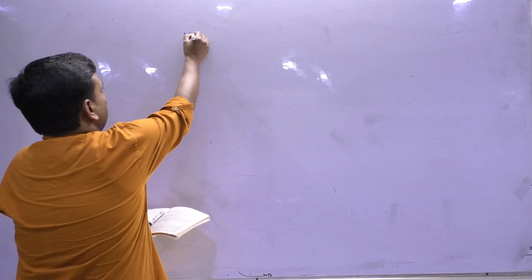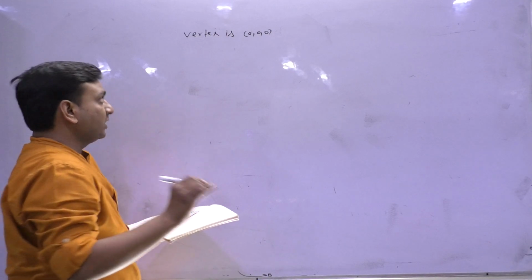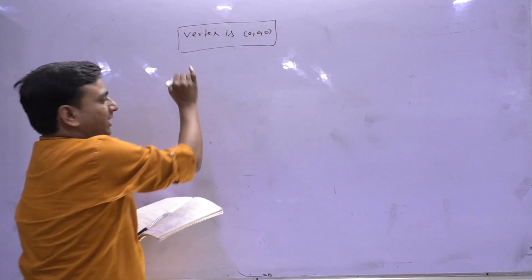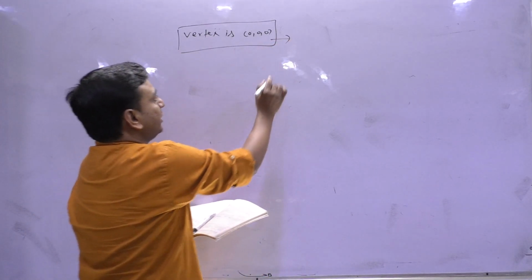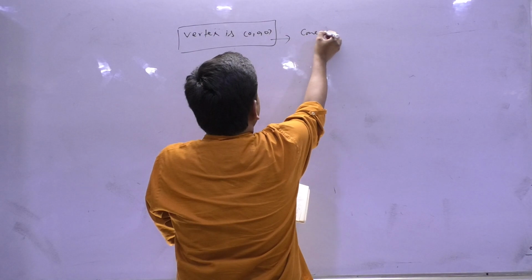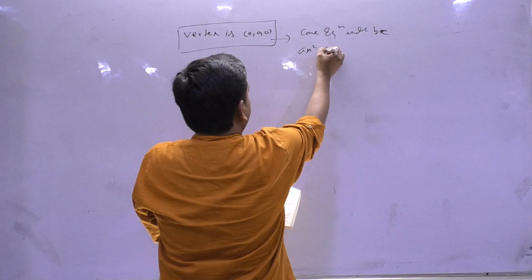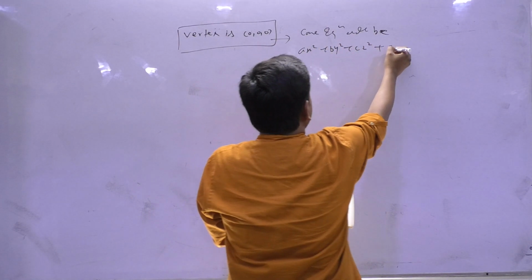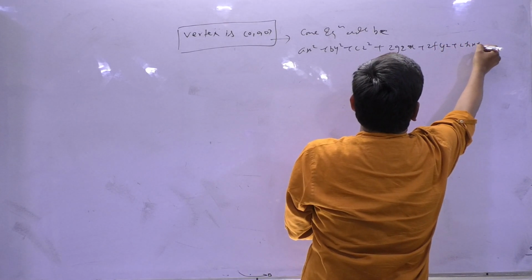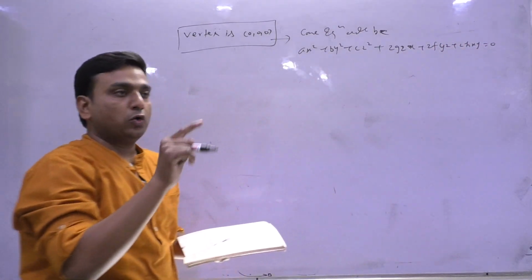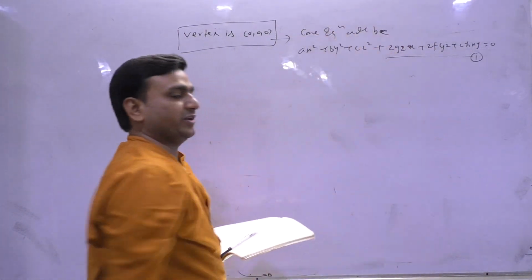As soon as the question says this, we understand that the equation of the cone will be ax square plus by square plus cz square plus 2gzx plus 2fyz plus 2hxy equals 0, because a cone with vertex at origin is represented by this equation.